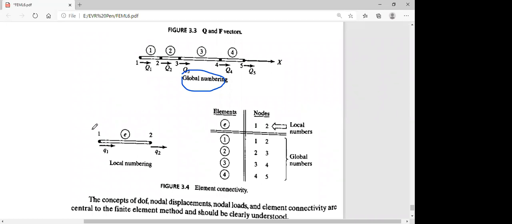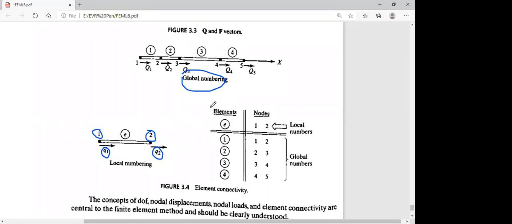The first node we denote as 1, the second node we denote as 2. So 1 and 2 are the local node numbers. Small q1 and small q2 denote the displacements in local coordinates of node 1 and node 2 respectively.